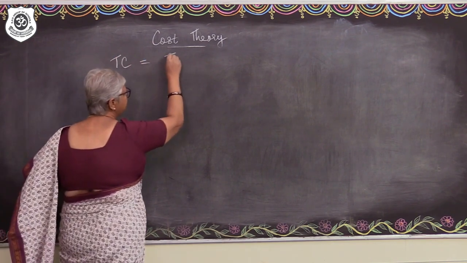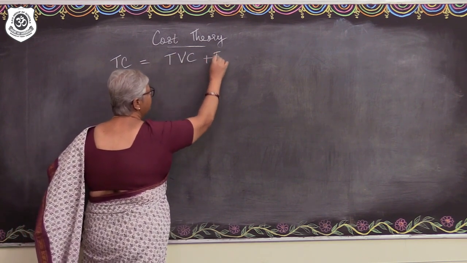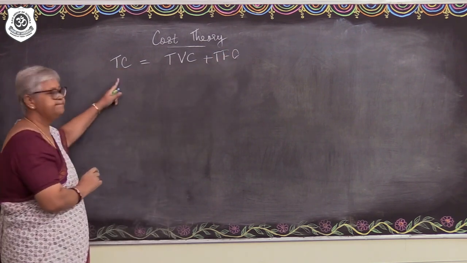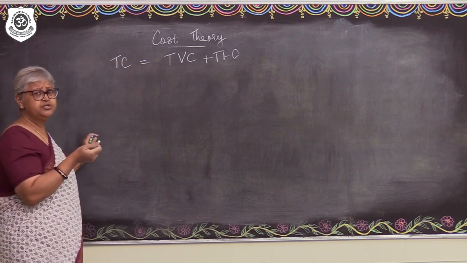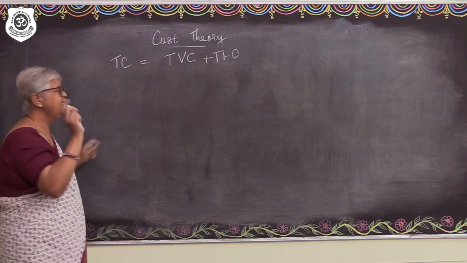Total cost can be understood as the summation of the total variable cost and the total fixed cost. Now, average cost of production is nothing but the per unit cost of production. Right?